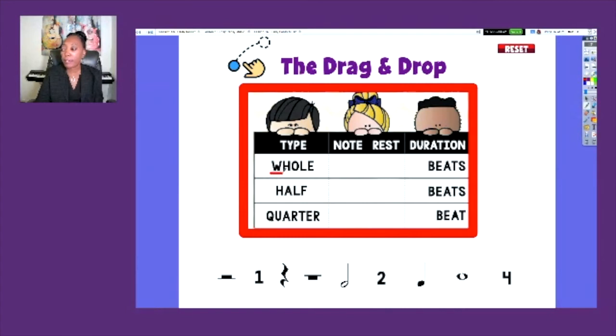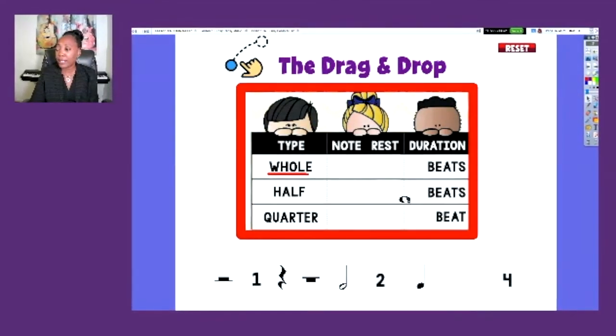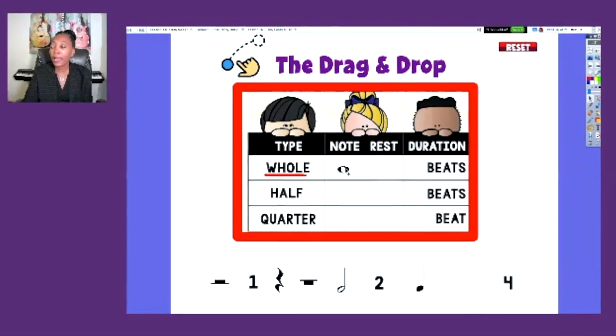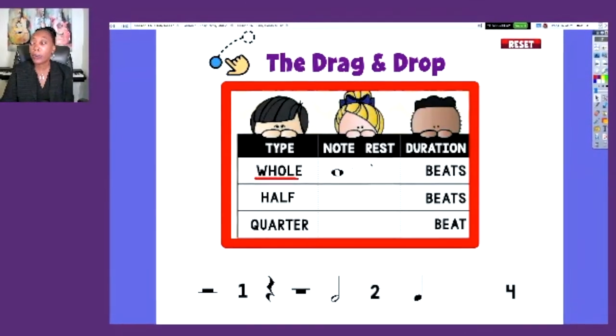So here we have our whole note, and we have to find which symbol is a whole note. Oh, which one is it? That's right. It's this one. It kind of looks like a donut, and we're going to put that there. And now we have to find the whole rest.